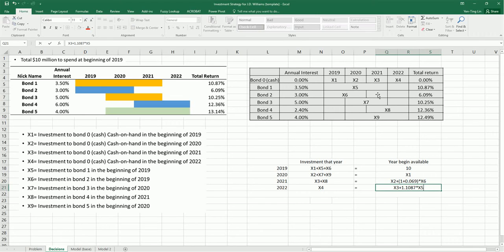Bond 2, no. Bond 3, yes, it will mature at that time with an interest rate of 10.25%, so you get 1.1025 times X7.